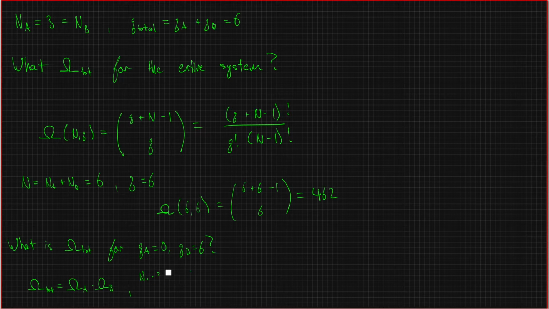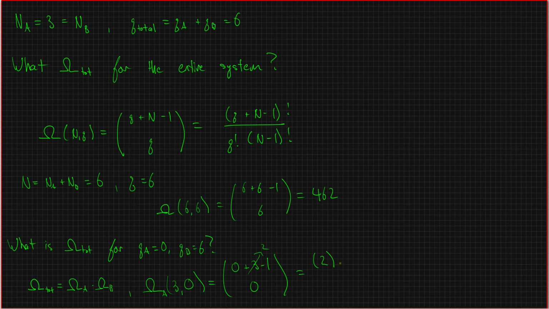I guess I could have written that in the multiplicity function. So omega sub A is equal to, this should be N, which is 3, and this should be 0. So if we plug it in, what do we get? We've got 0 plus 3 minus 1 choose 0, so that's 2 choose 0.